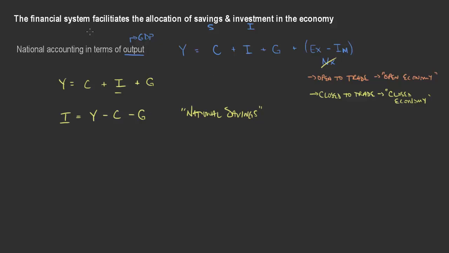We were talking up here about how the financial system allocates savings and investment, and there's an important identity in economics, which is that investment is equal to savings within a given time period for the economy. That would be true if you think about it. What is investment and savings? If you are an individual saver, in the most simplistic case, what happens?